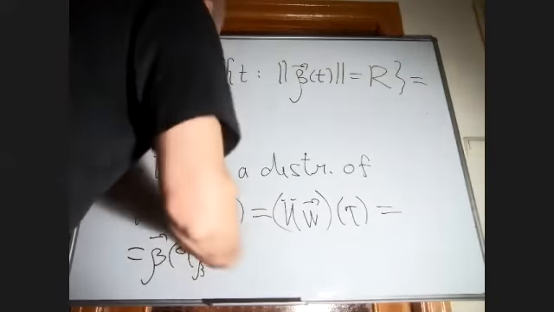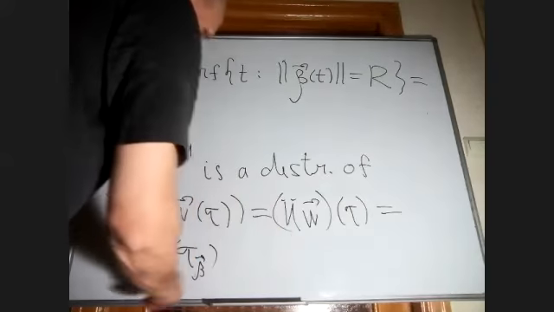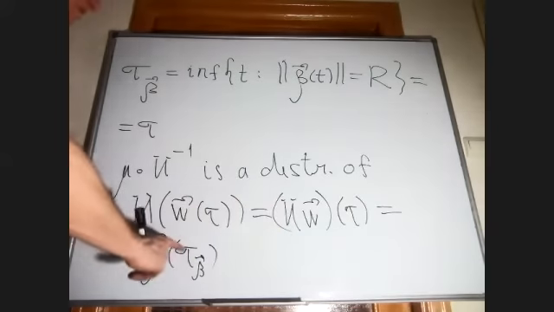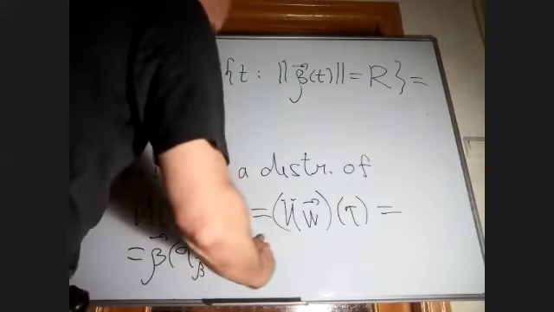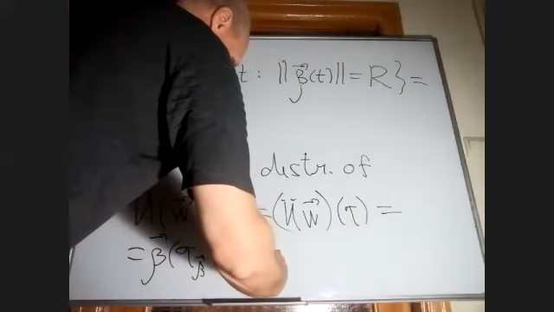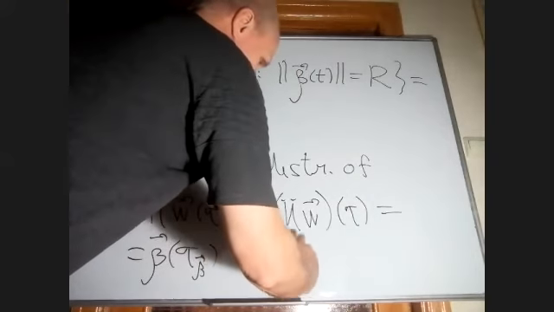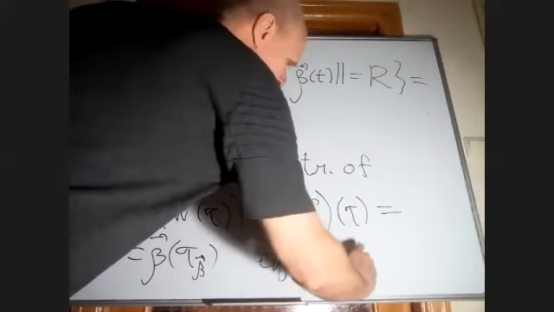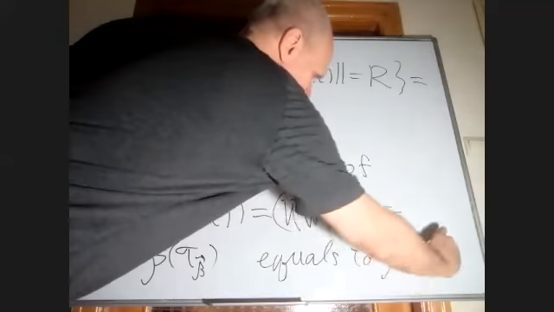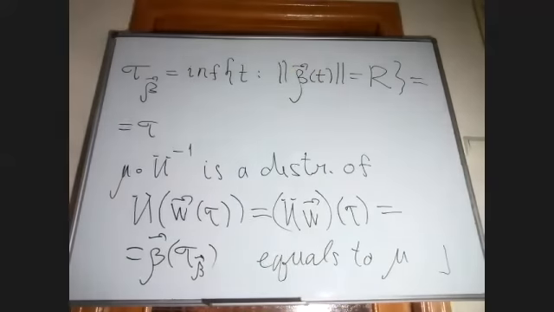And because this is a Brownian motion, then this equals mu. This is the end of the proof.